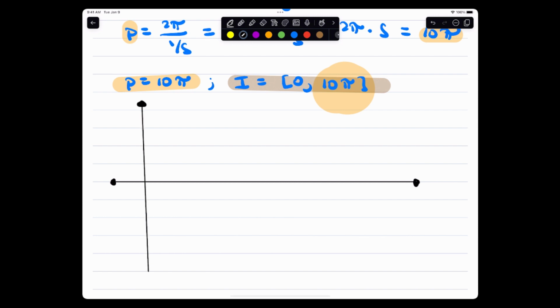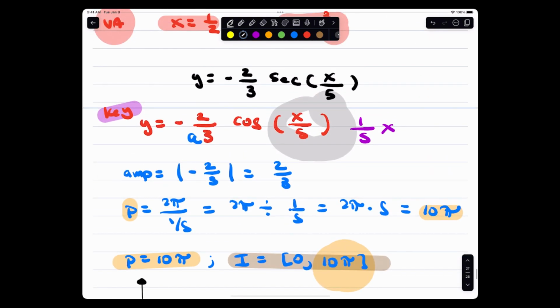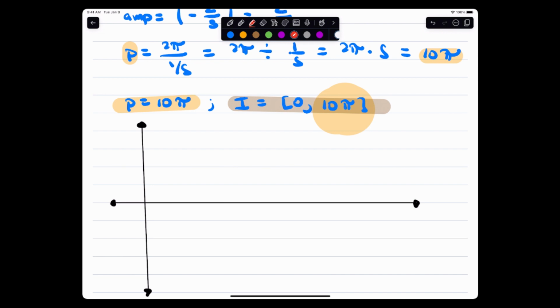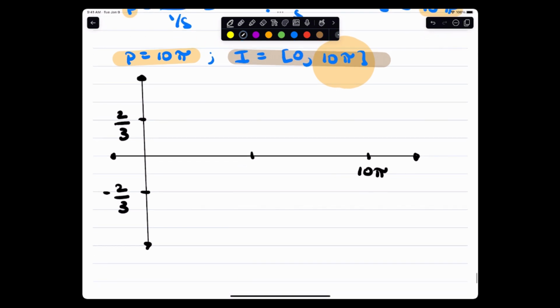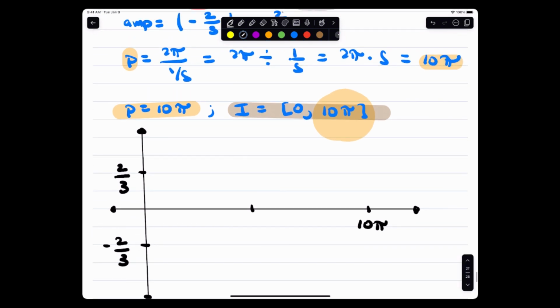Okay, so let's go through the process. We already know how to graph cosine, but be careful. This is that negative cosine. You think that's going to be an issue? Yeah, we'll show you how that works. Graph the negative of cosine. So if your amplitude is 2/3, okay, remember the period, the interval of 1 cycle is 0 to 10 pi.